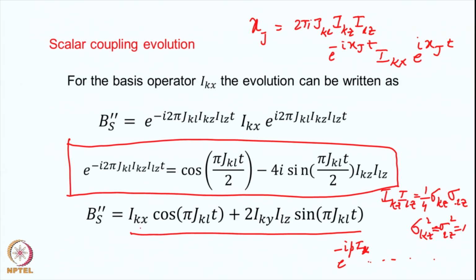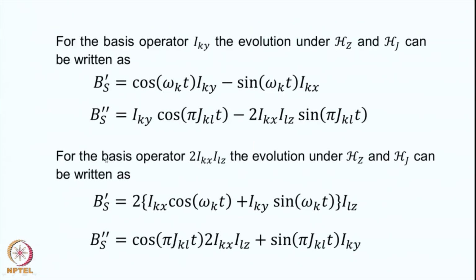Therefore here we have said that under the influence of the coupling Hamiltonian, the Ikx operator will evolve into Ikx cosine pi jkl t plus 2 iky ilz sin pi jkl t. So this is the antiphase term. Such evolutions will keep happening, and we will look at them as we go along.